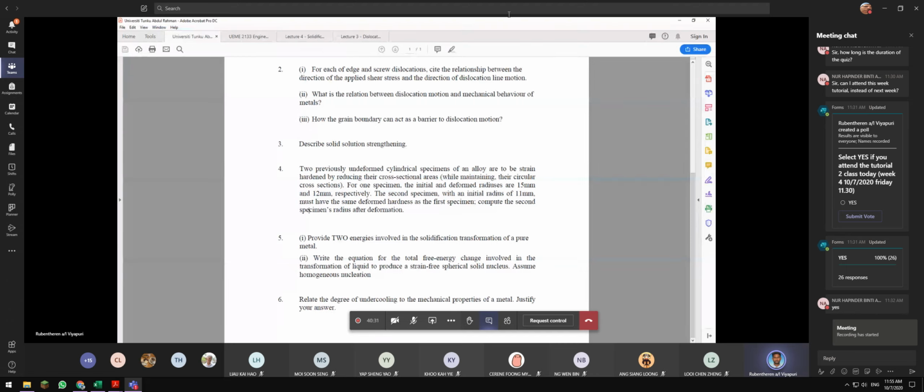And also 5 part 2: write the equation for the total free energy change involved in the transformation of liquid to produce a strain-free spherical solid nucleus. Assume homogeneous nucleation. So what is the total free energy equation? Write down the equation. Try now.